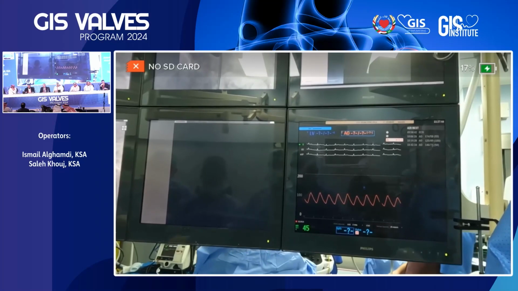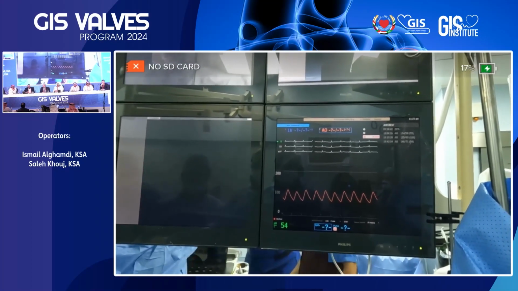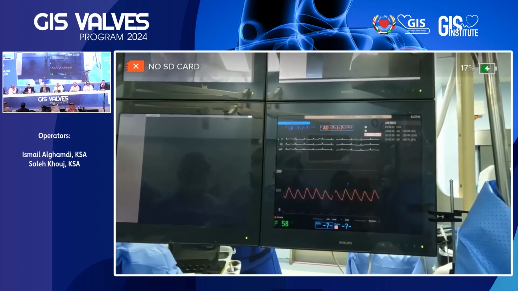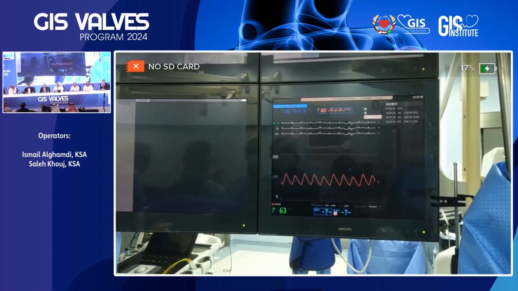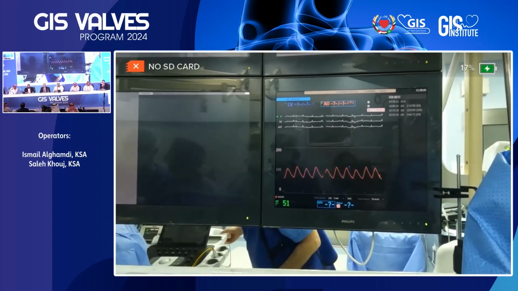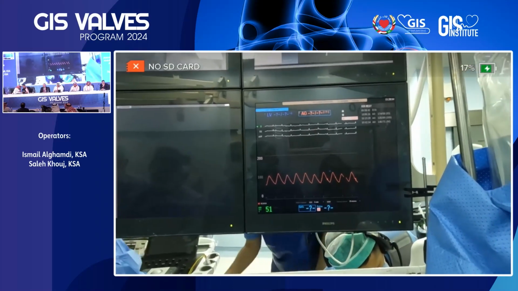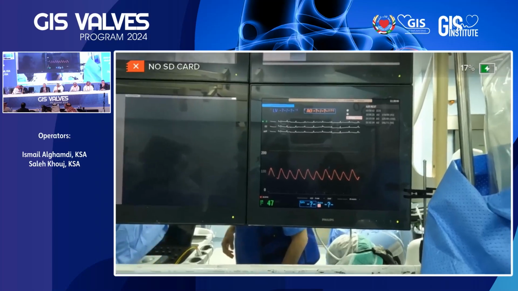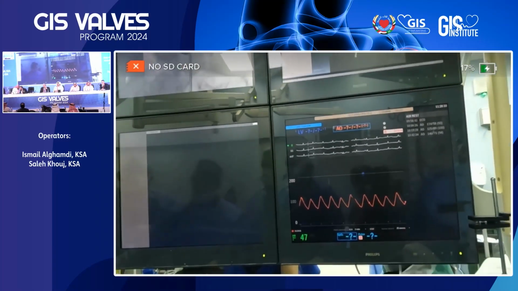The ECG has returned to baseline. I don't see a wide diastolic gap in your blood pressure. Just waiting for the echo to tell us the gradient. Did you do any panorama of the valve to see if there is any constraint? We did not do that, but before we got in with the valve, we checked the valve. Can you show us the valve check?